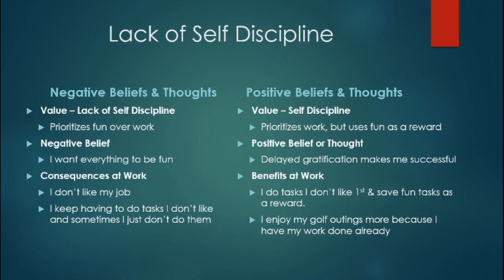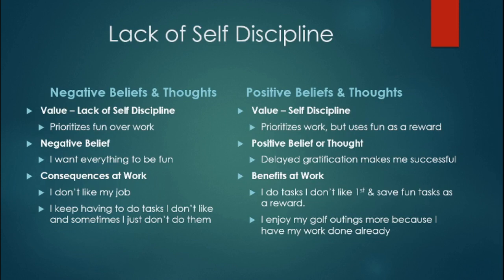The next ethics inventory is lack of self-discipline. And the value is lack of self-discipline, and that's where you prioritize fun over work. The negative belief is, I want everything to be fun. Consequences at work: I don't like my job. I keep having to do tasks I don't like, and sometimes I just don't do them.